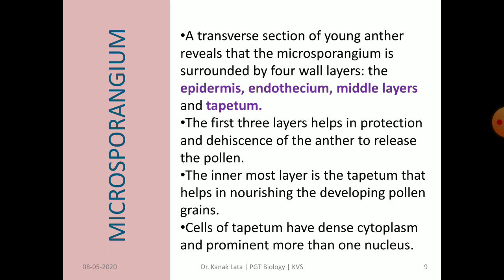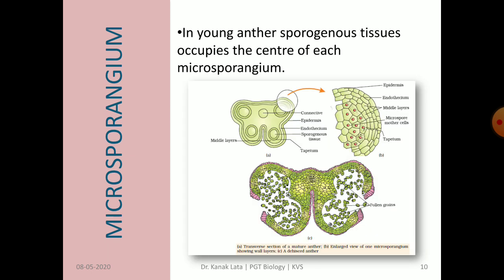Whereas the tapetum, which is the innermost layer of microsporangium, provides nourishment to the developing pollen grains. Cells of tapetum have dense cytoplasm and more than one prominent nucleus.